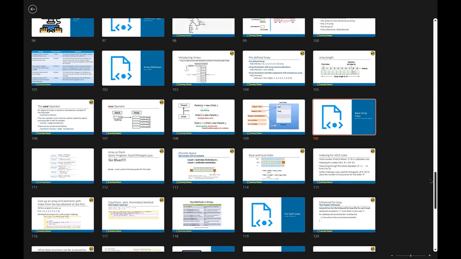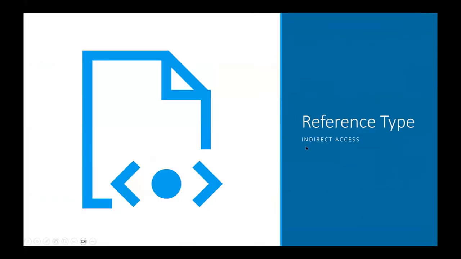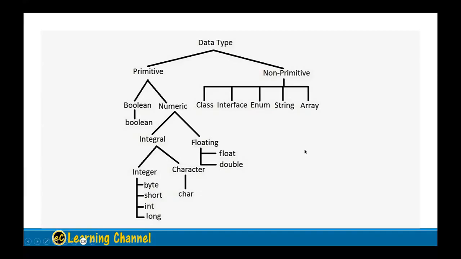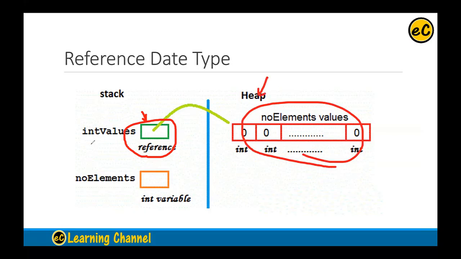before you go for one-dimensional array, you should look at the reference type. So array is one of the reference types. You have array, class, and string in Java for the AP exam. Array usually is a pointer, the reference value is stored in the stack, and then the array body in the heap, okay.